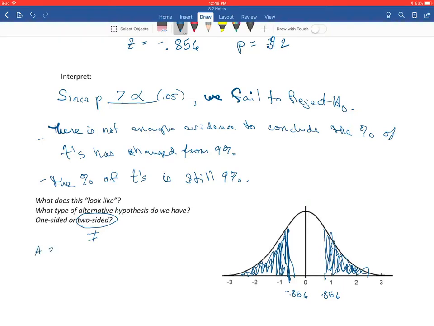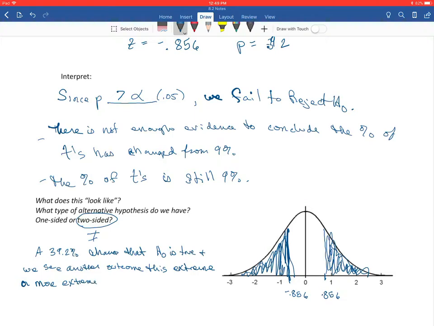So what we could kind of say here is that there is a very large chance, a 39.2% chance or probability that the null is true and we see another outcome this extreme or more extreme.